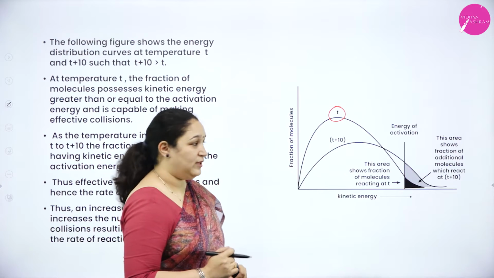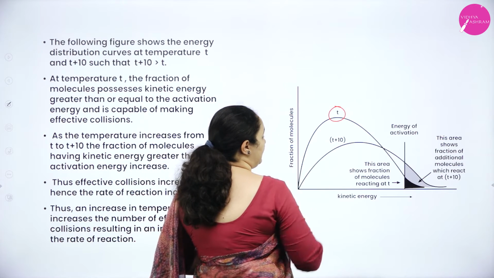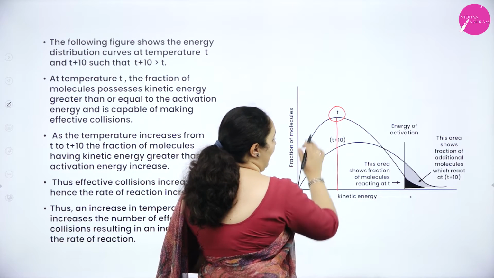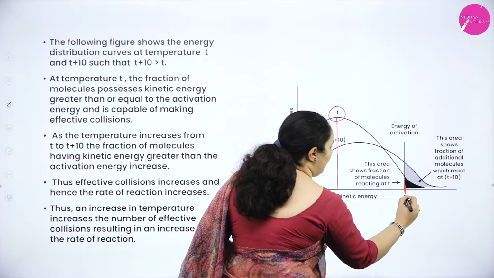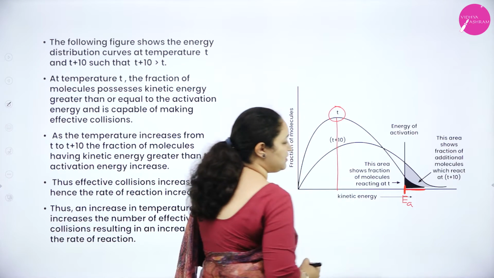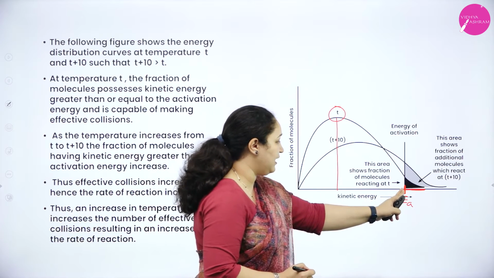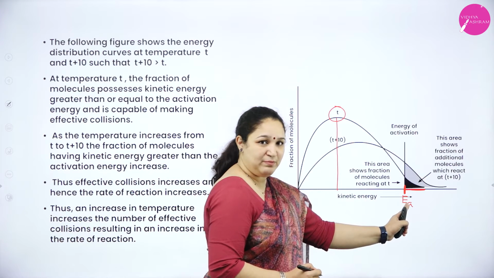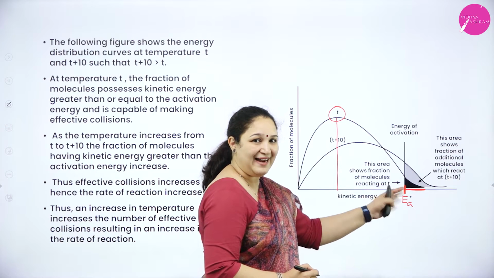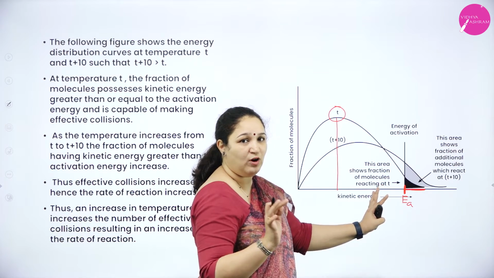Look very carefully. At temperature T, this was the most probable kinetic energy, and after this energy, this is activation energy, EA. After this energy, the molecules have attained activation energy. They are activated molecules. Now they can collide and form products.